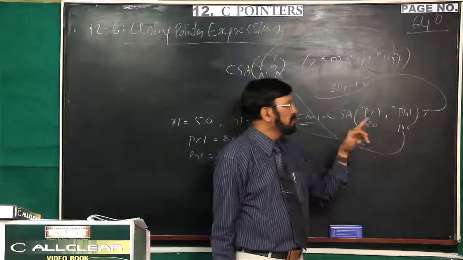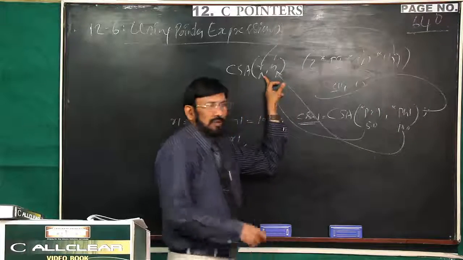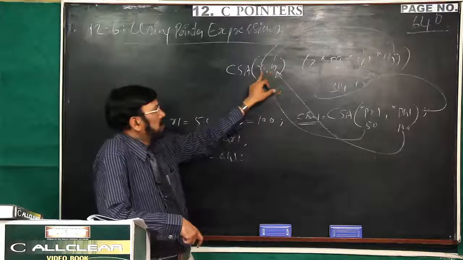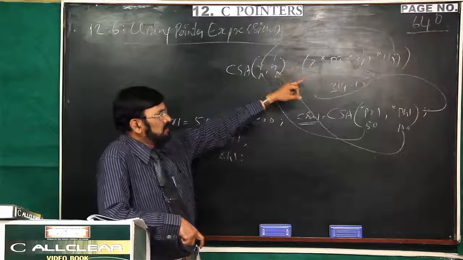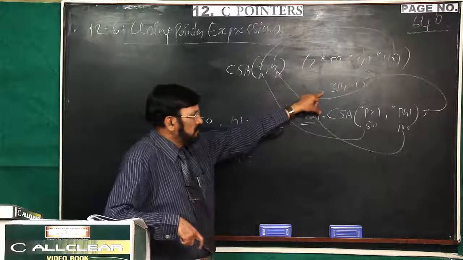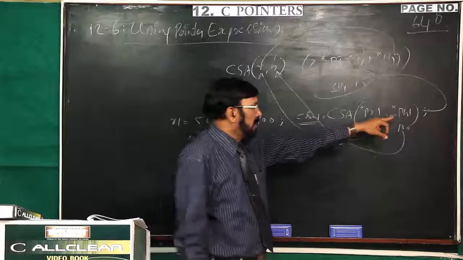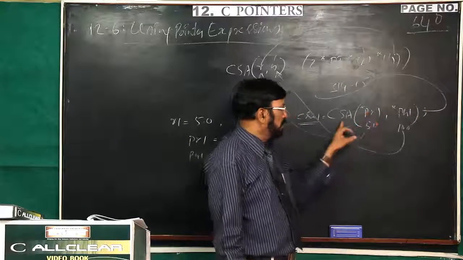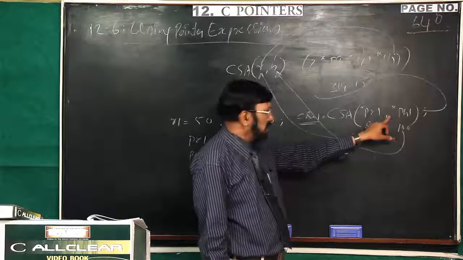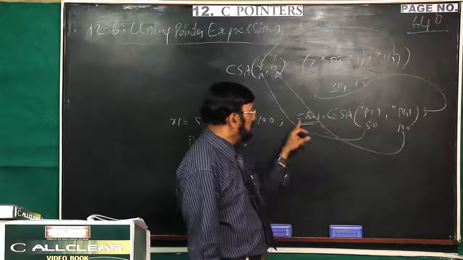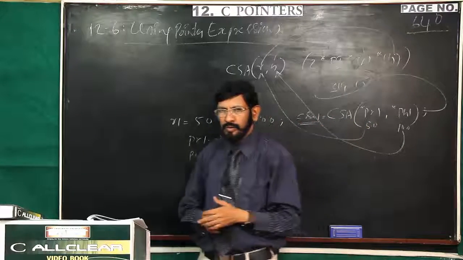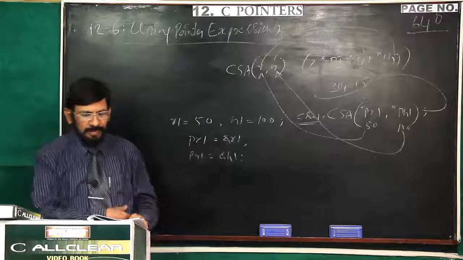Then these values are assigned to formal arguments R and H and passed to the formula, and this value is evaluated and passed to the calling statement and stored in CSA. When you wrote CSA, you got the result.